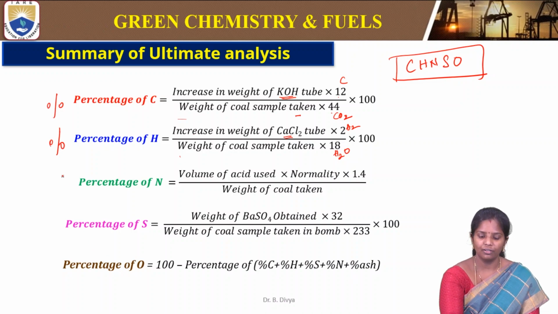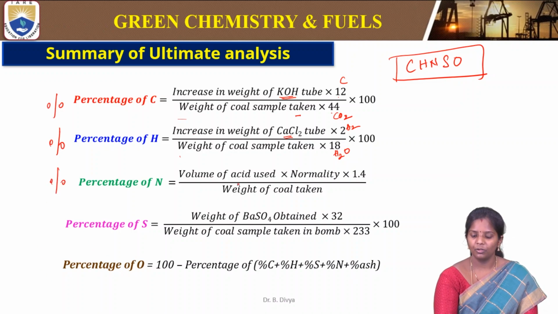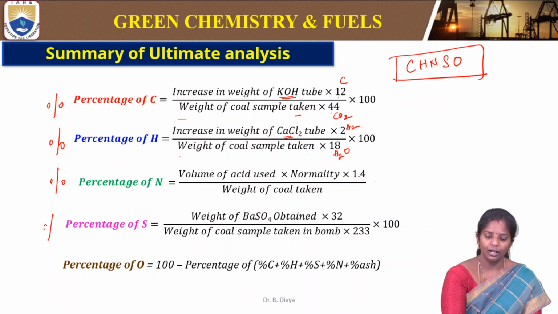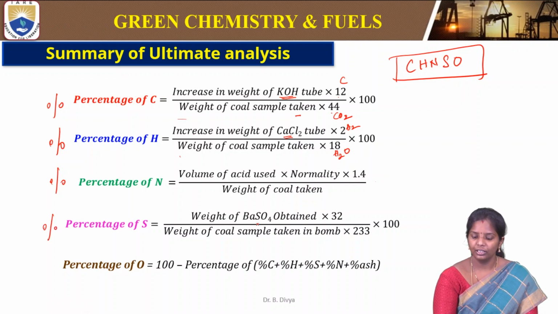Next, percentage of nitrogen. In this, the volume of acid used in the Kjeldahl procedure into the normality of that acid into 1.4, by the weight of the coal taken. Here we are not multiplying by 100 because it is already accounted for in the calculation. Then the percentage of sulfur is the weight of barium sulfate obtained into the atomic mass of sulfur, by the weight of coal sample taken in the bomb into 233, the barium sulfate molecular weight, into 100.